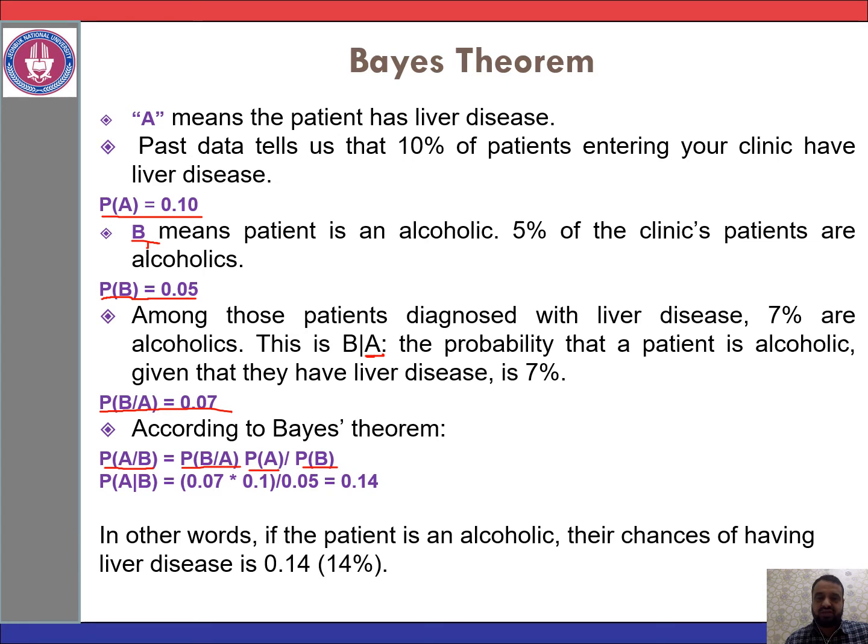When we put all the values in this formula, we get probability of a patient who has liver disease, given that he is alcoholic, is 14%. So we can say that if a patient is alcoholic, there are 14% chances that he will have liver disease.